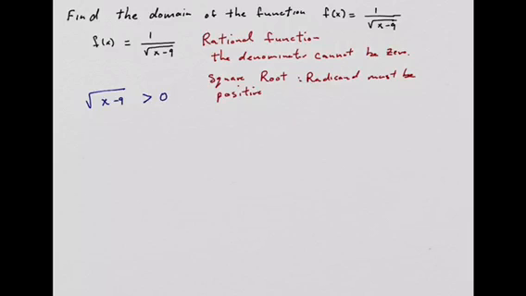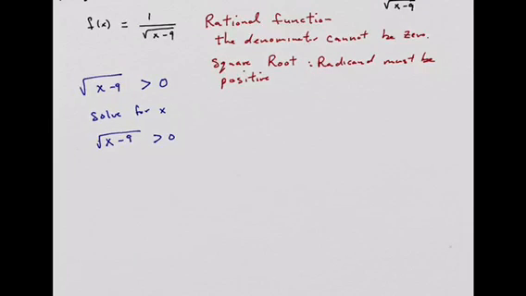So if we now solve for x, the square root of x minus 9 greater than 0, if we square both sides, that leaves x minus 9 greater than 0, therefore x has to be greater than 9.